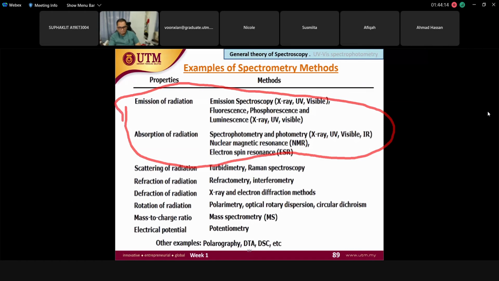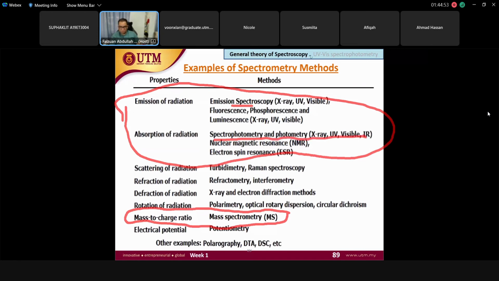And also MS, the mass to charge ratio. This we will learn specifically in the ICP-MS instrument later. But most of the instruments that we are going to learn in this topic involve the emission and absorption of radiation, involving emission spectroscopy, and also AAS, atomic absorption spectroscopy, using spectrophotometry and photometry, right?